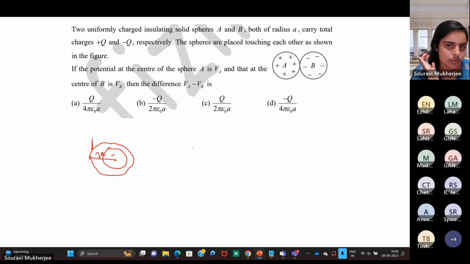So what would be the value of potential in this case, at this point for this sphere?